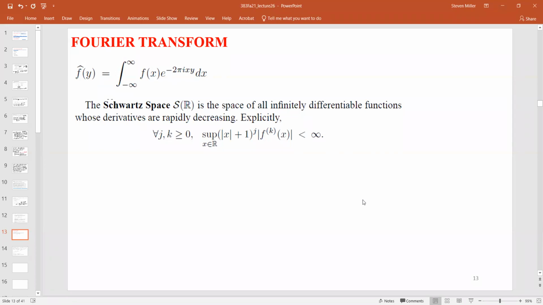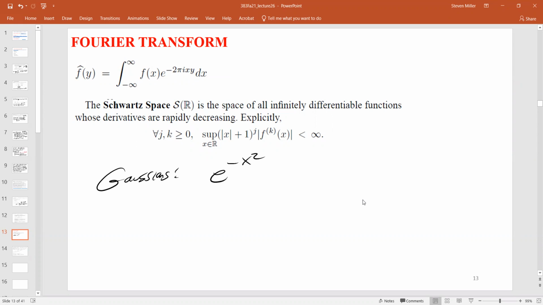So tweak it a little bit, e to the negative... Yeah, so Gaussians. E to the negative x squared would be a great example. So these are functions that decay very rapidly. And if you multiply them by any polynomial, it still decays. If you take any number of derivatives of them, it still decays. As you differentiate this, you start getting powers of x squared coming down.